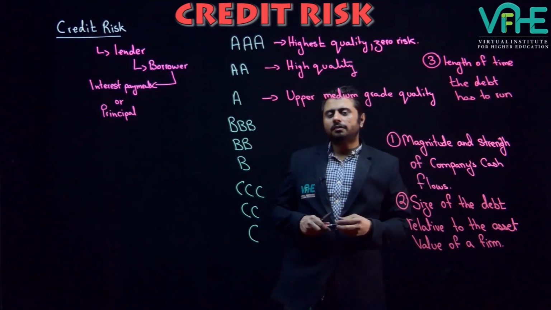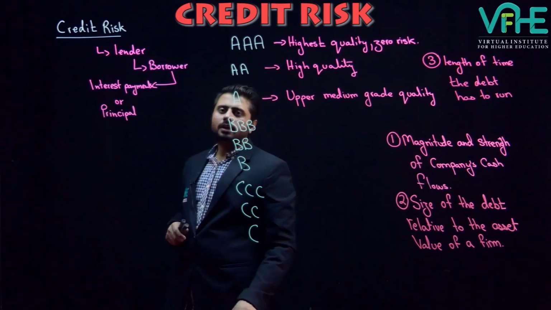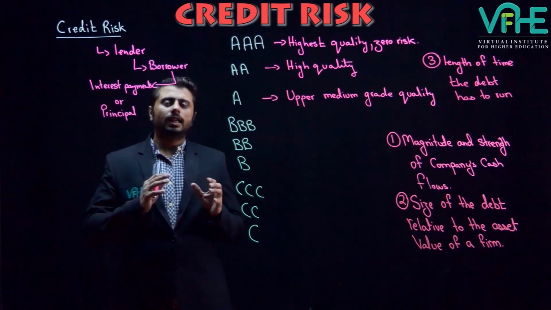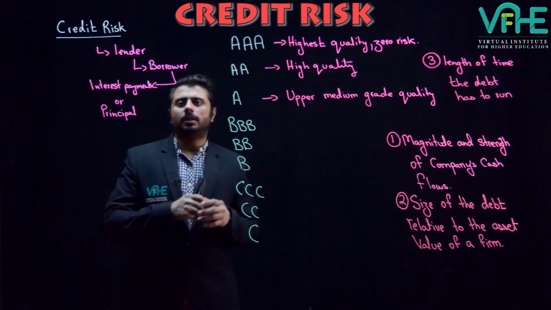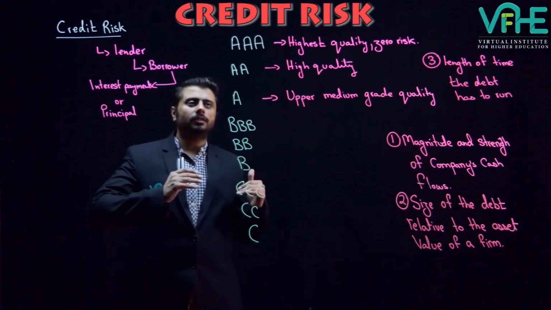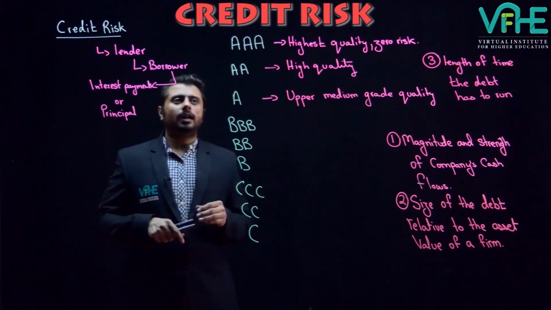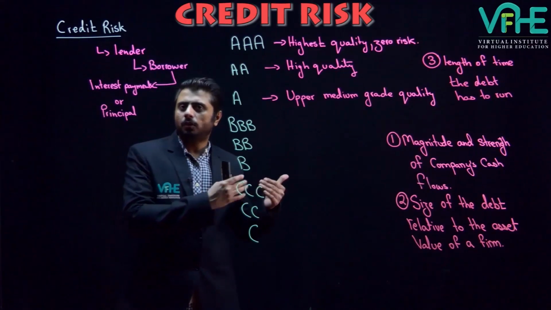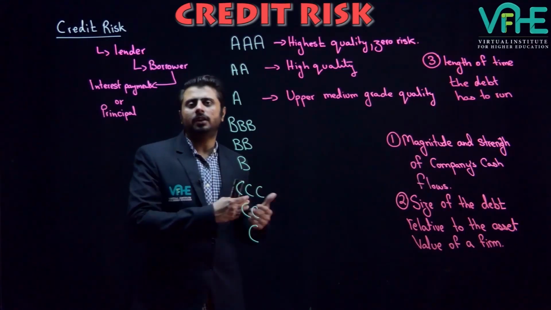So these are certain factors which a credit rating company will take into account while giving a particular rating to a company, while rating a company between AAA and C, and these ratings are from Standard and Poor, which is one of the credit rating companies.